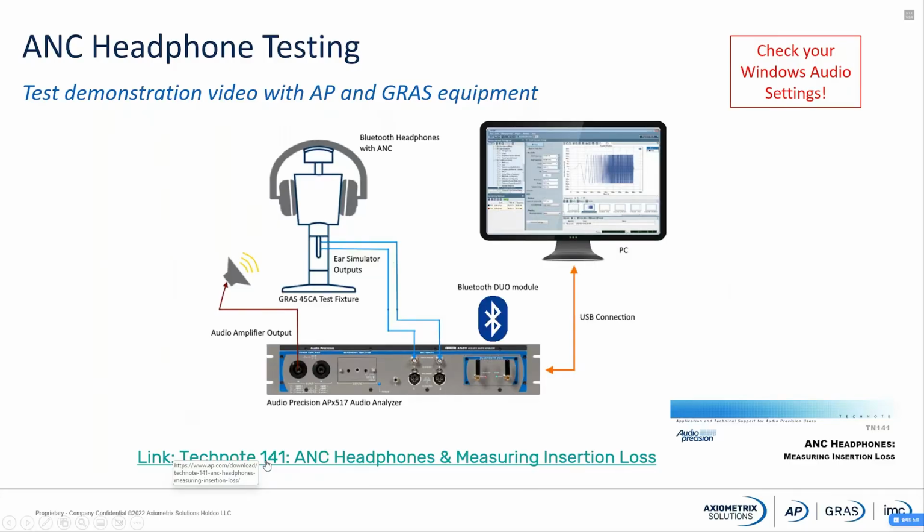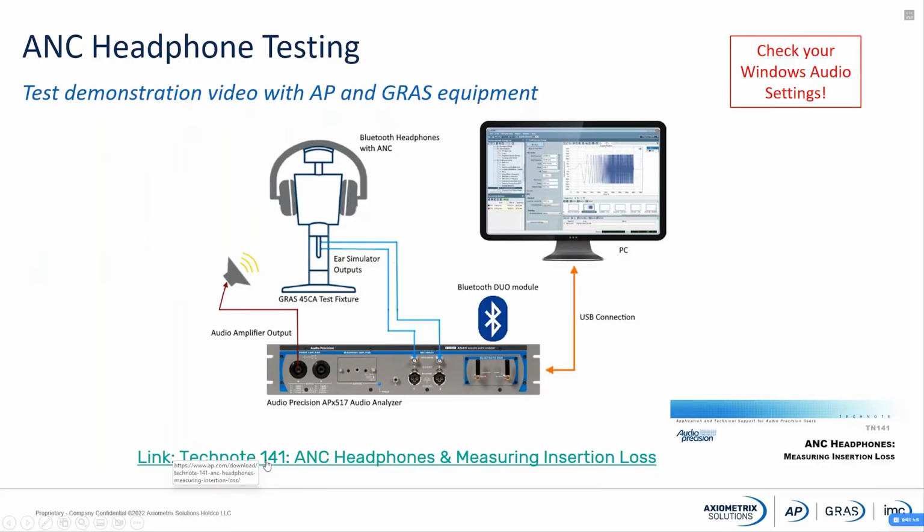Can we apply A weighting, C weighting, etc. during measurements? Yes, you can do that in APx software, no problem. How do you take into account the time varying noise? Well, we wanted to make a very simple setup here with just a ping noise used at one single level.